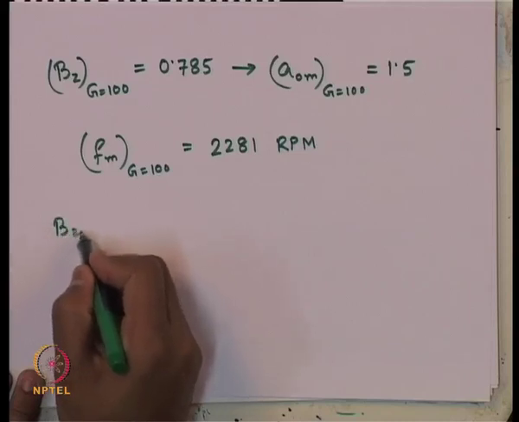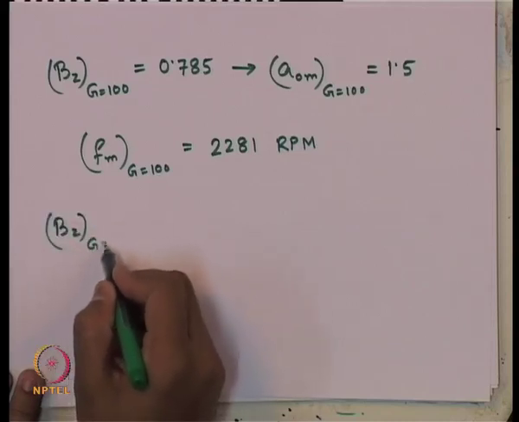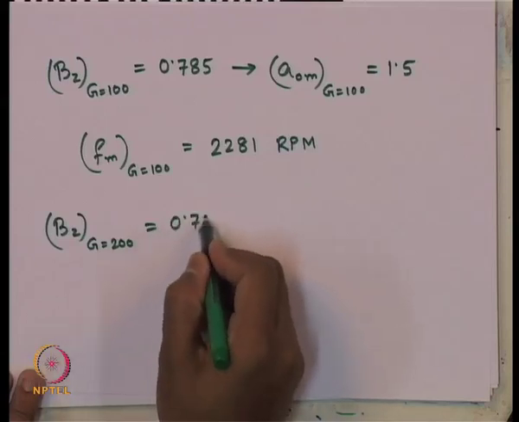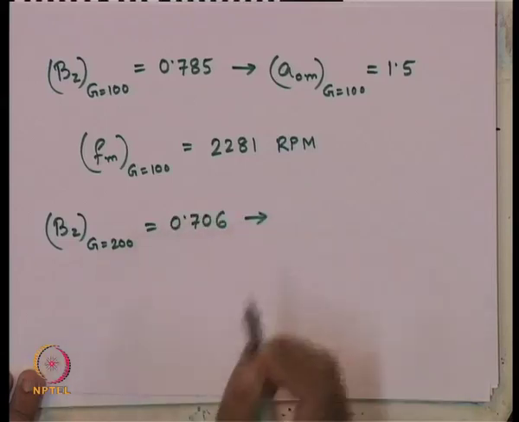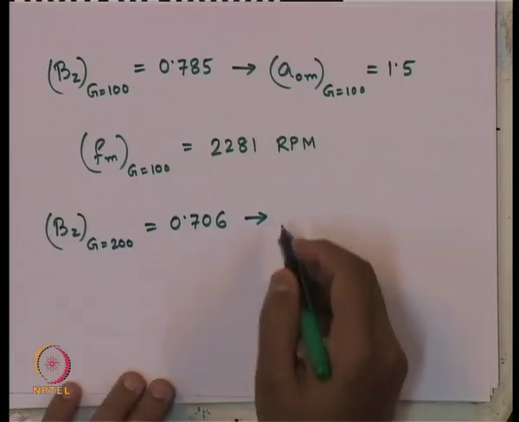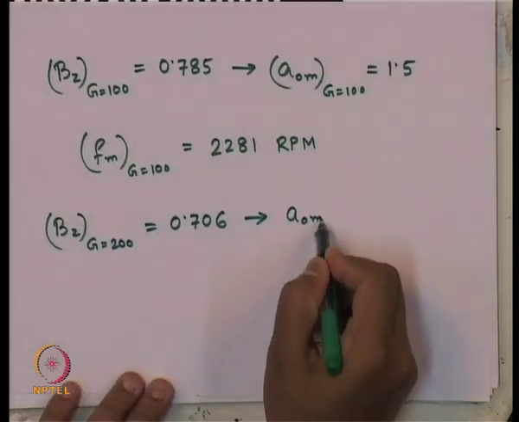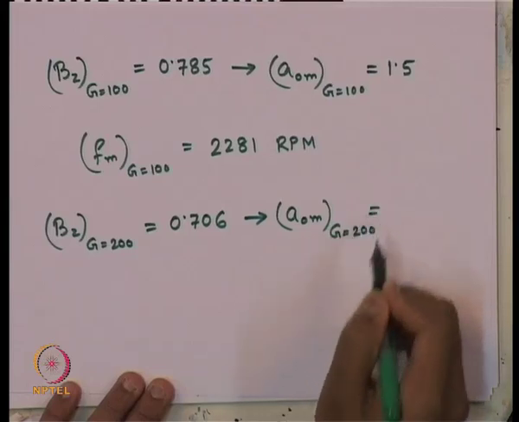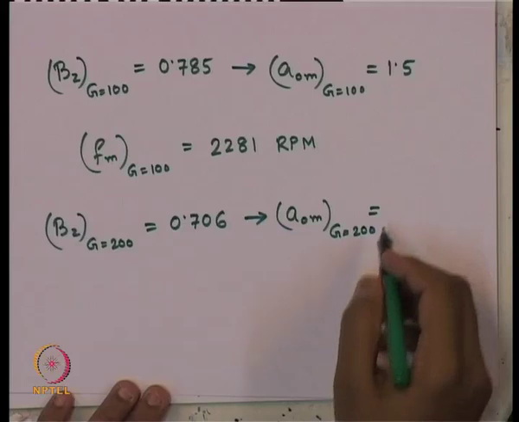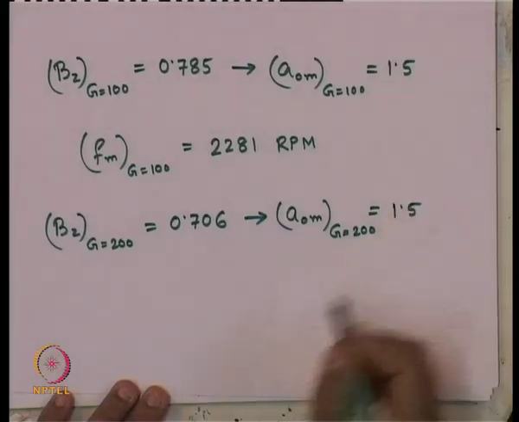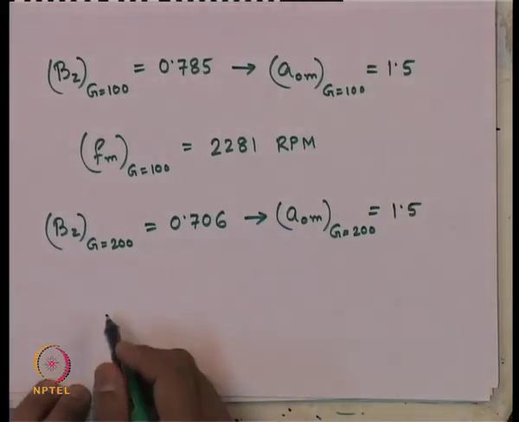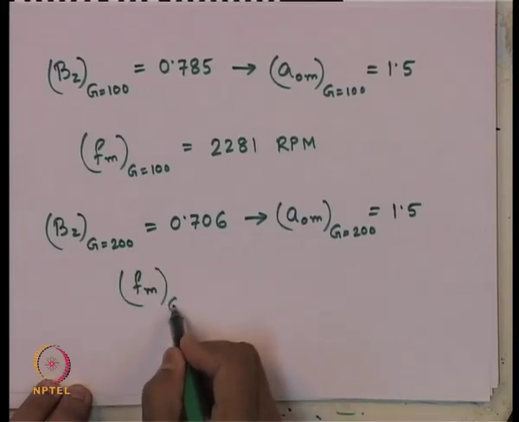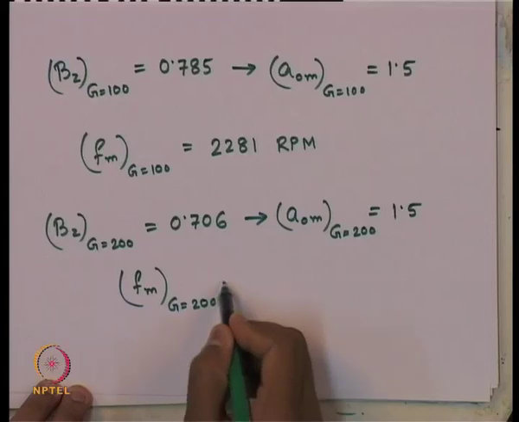and for BZ with G equals to 200, the third type of soil, we got the value already as 0.706. Now, using the design chart again, the value of A naught m is read from the design chart as the same 1.5, there is no change, which gives us f m with G equals to 200.